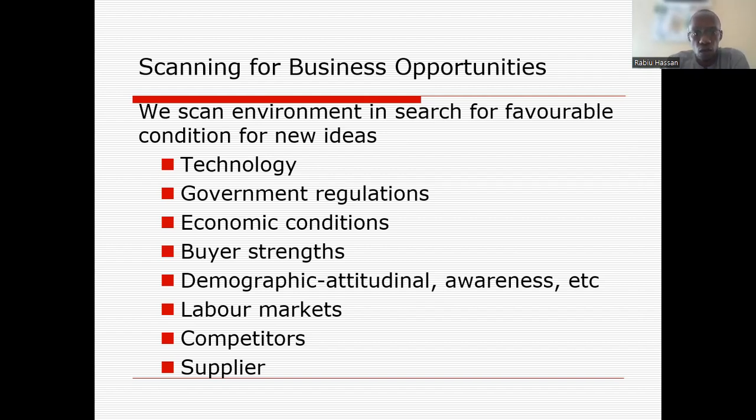Then competitors, especially weaknesses from your competitor. If there is a guy in your area that is into a particular kind of business and that guy is doing very poorly in terms of customer service or product quality, that person is giving you a signal that you should come and take over the business.